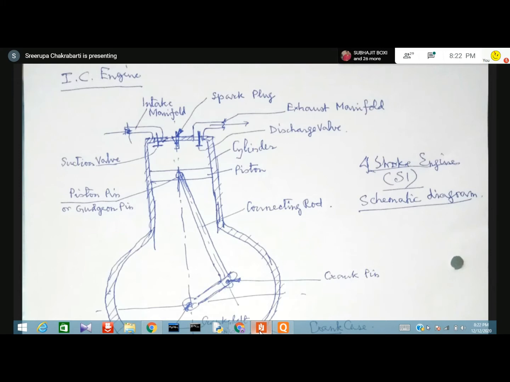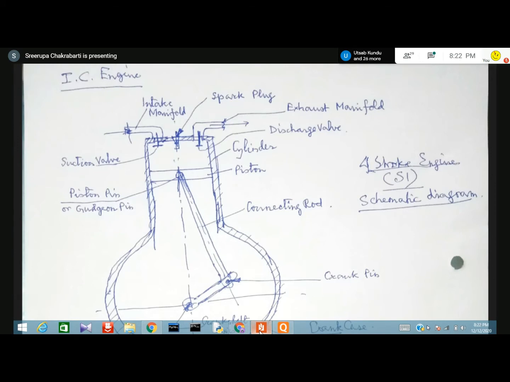The second part of the electrical circuit is to create the spark only when we want. And for that, there is a very interesting circuit loop.